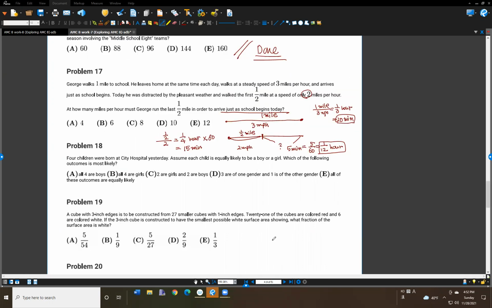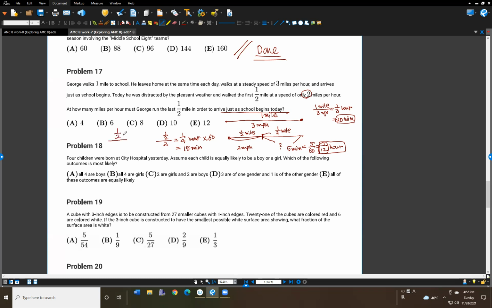All right. The next half mile, we still have 1/2 mile left. You're going to go in 1/12 hours, which is 5 minutes only left. What's the speed? Distance divided by the average speed. Distance is 1/2.